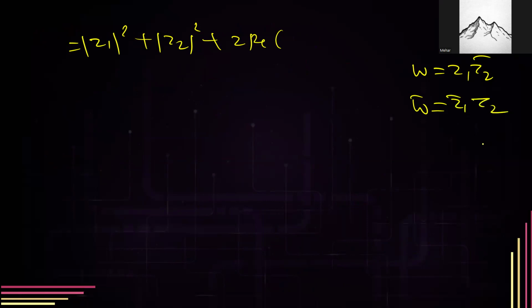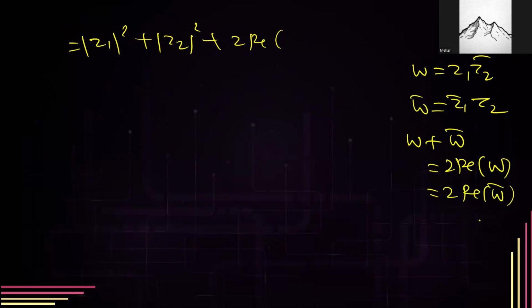So clearly you can see that one of them is the conjugate of the other, and you know that whenever you add a complex number and its conjugate, you'll get 2 times the real part of that, 2 times real part of W. Or you can also write 2 times real part of W bar, because they'll have the same real part. A complex number and its conjugate have the same real part, but they'll differ in their imaginary part by a sign. So I can just write 2 times the real part of any one of them.